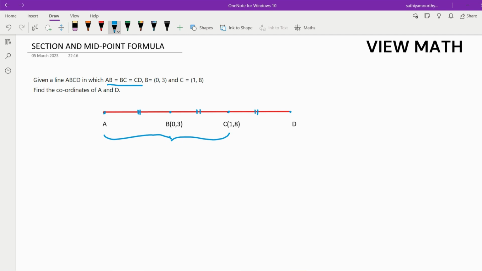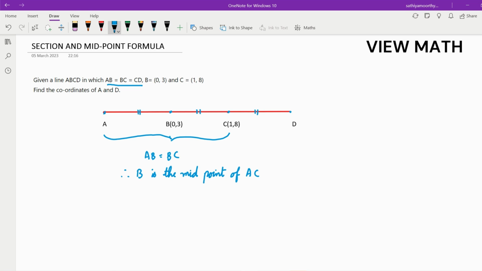Now ABC is a line. In this ABC, B is the midpoint of AC because AB is equal to BC, they have given. So AB is equal to BC, therefore B is the midpoint of AC.